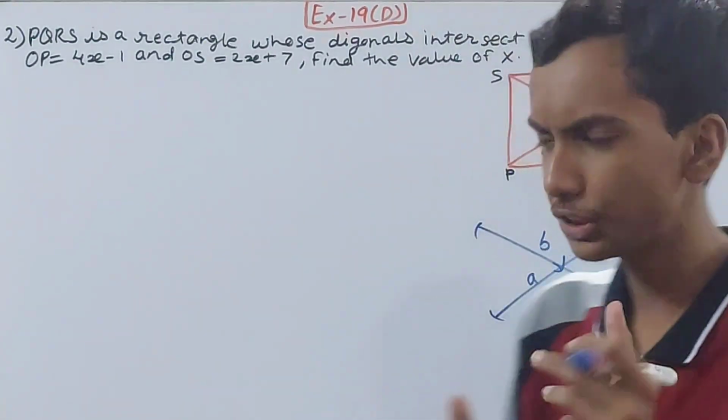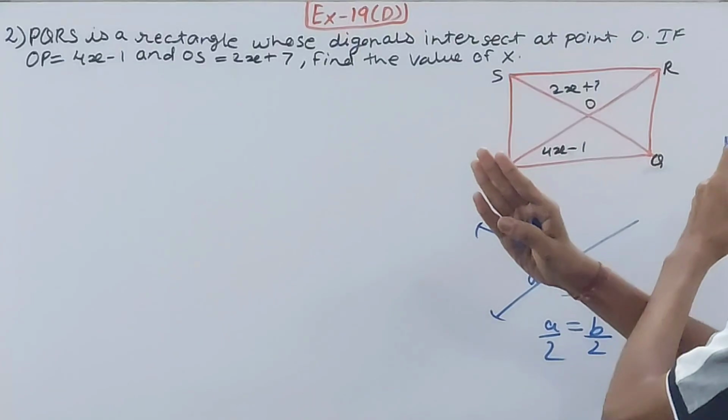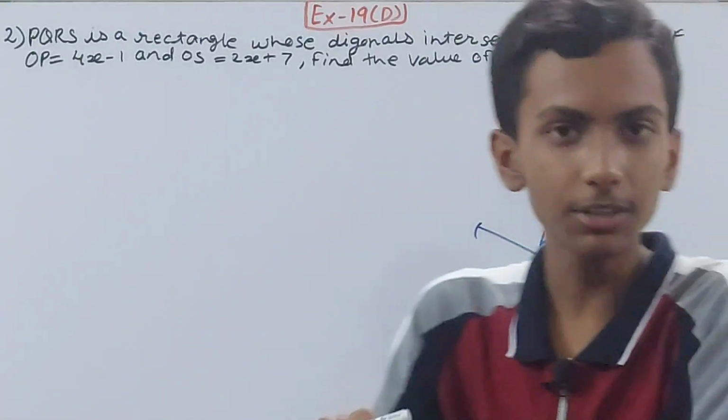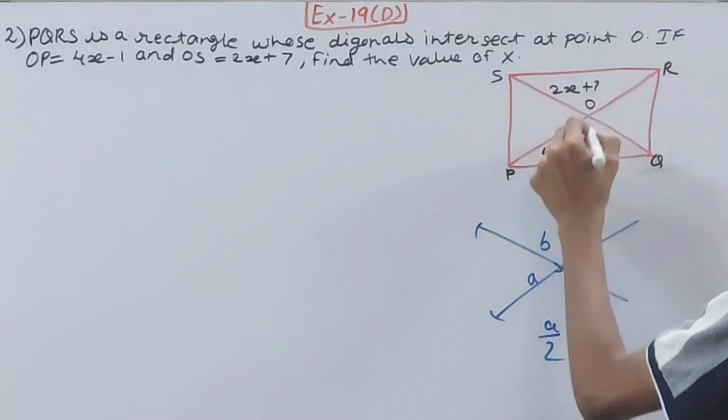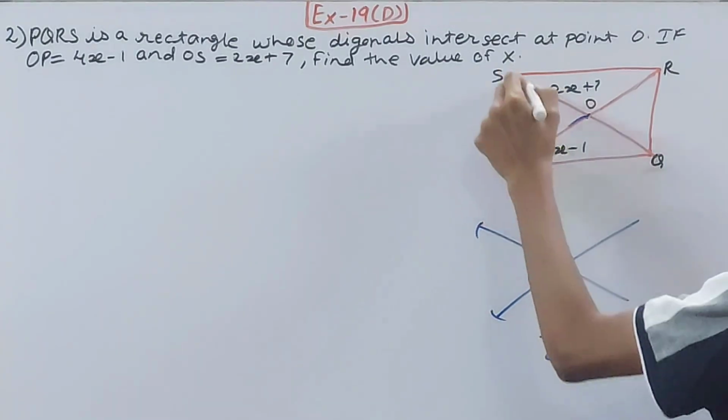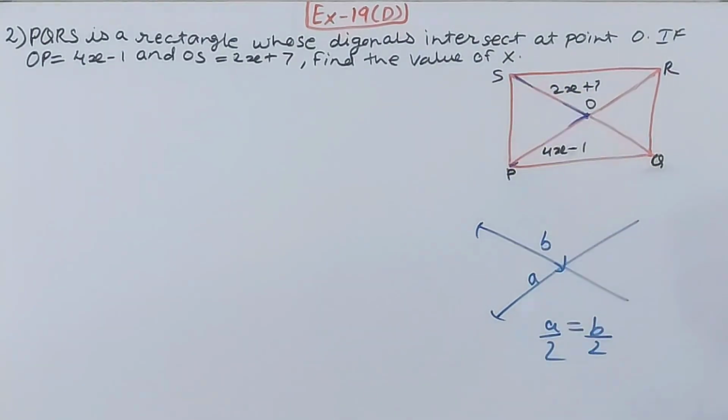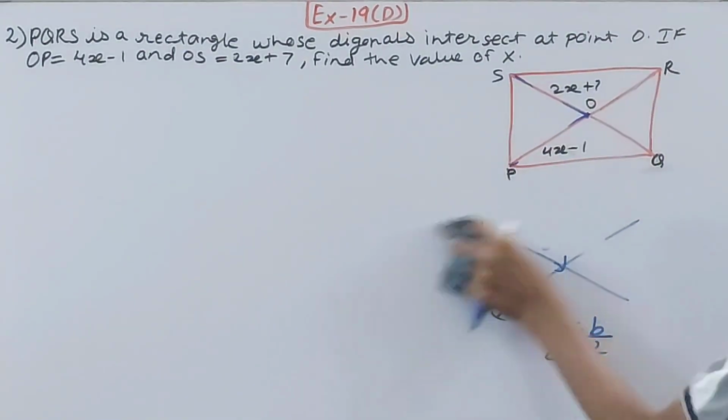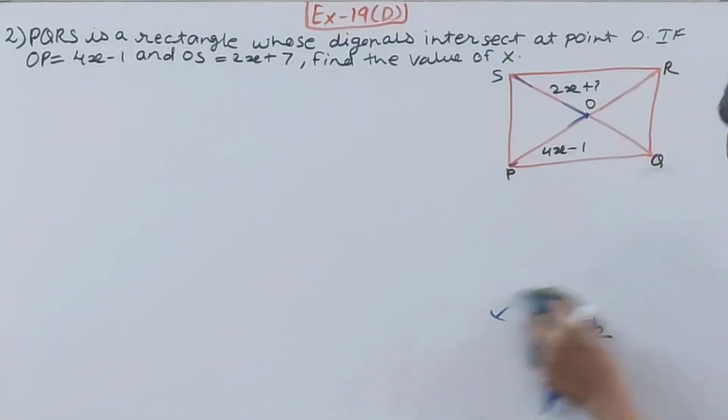Yes, this is a simple thing. If both the diagonals are equal, then their bisected parts will also be equal. Therefore, OP will be equal to OS. That is what we are going to use for solving this question. I hope it is clear now.